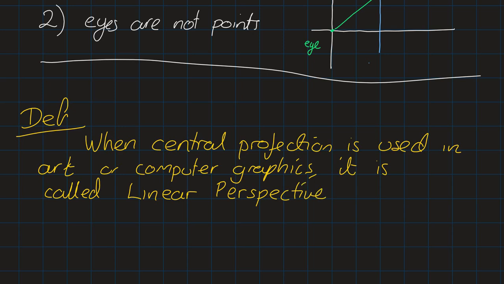So when you use central projection to produce an image like a sketch, a painting, or some computer graphics, you tend to say it was created with linear perspective.